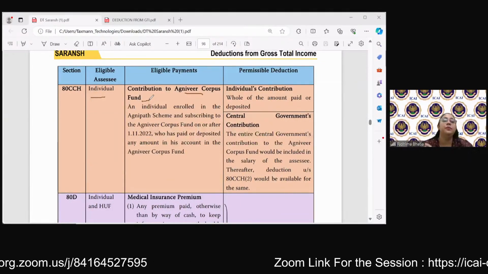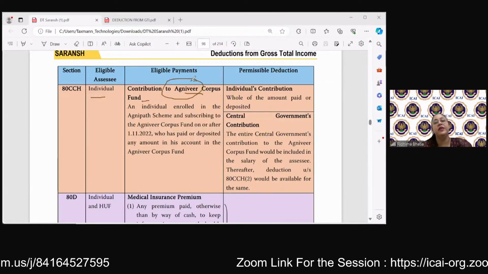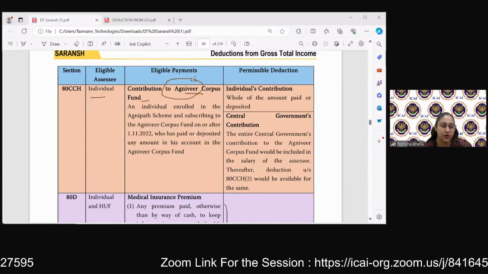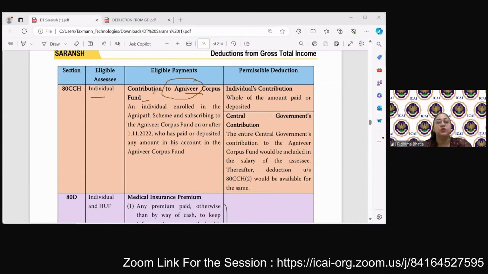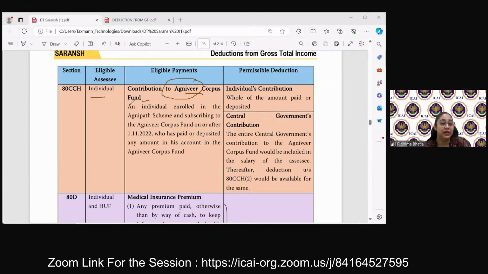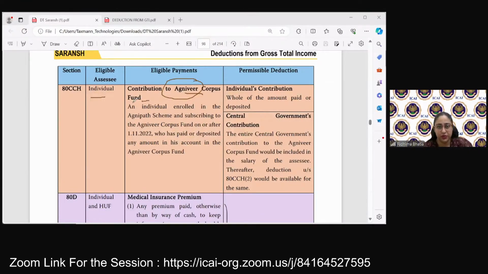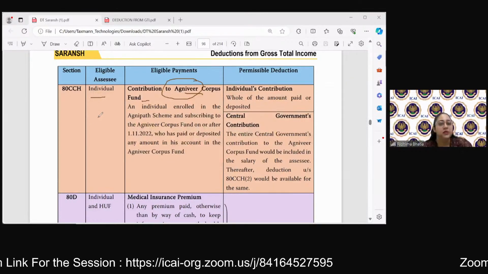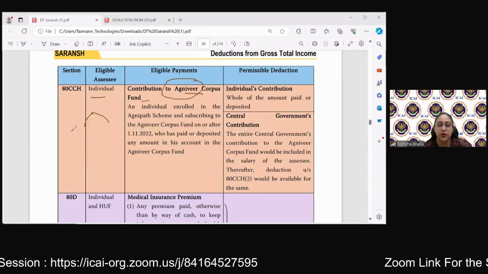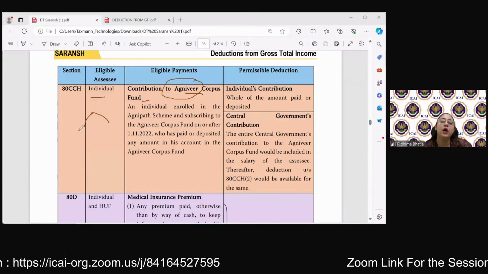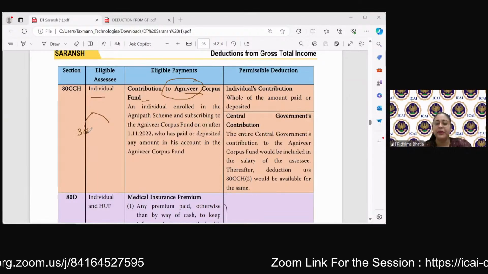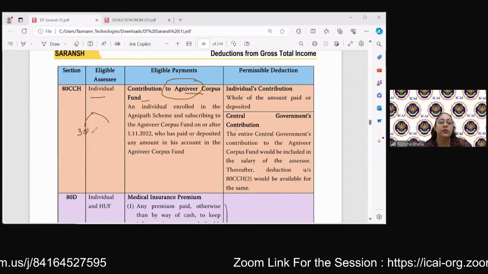So now, in the period when they are enrolled between the age of 17 to 21, they are called Agniveers, those who enroll under the Agniveer scheme. If suppose I am an Agniveer, I will get a certain amount, but 30% of which will go to the Agniveer Corpus Fund every month. So 30% will go to the Agniveer Corpus Fund.